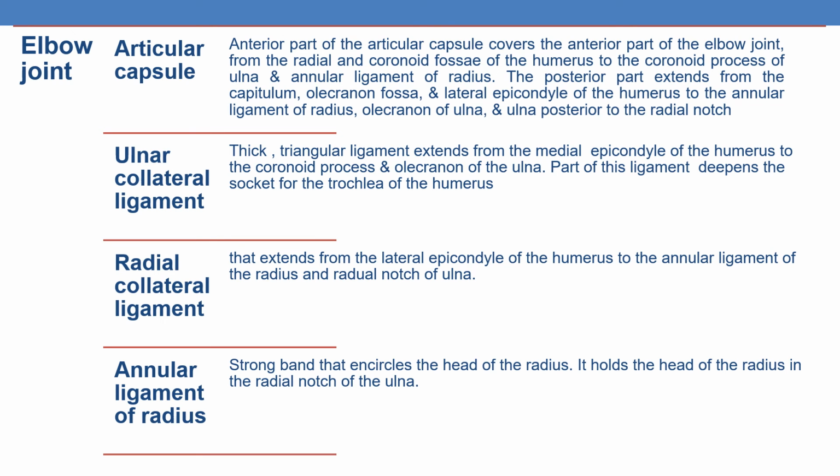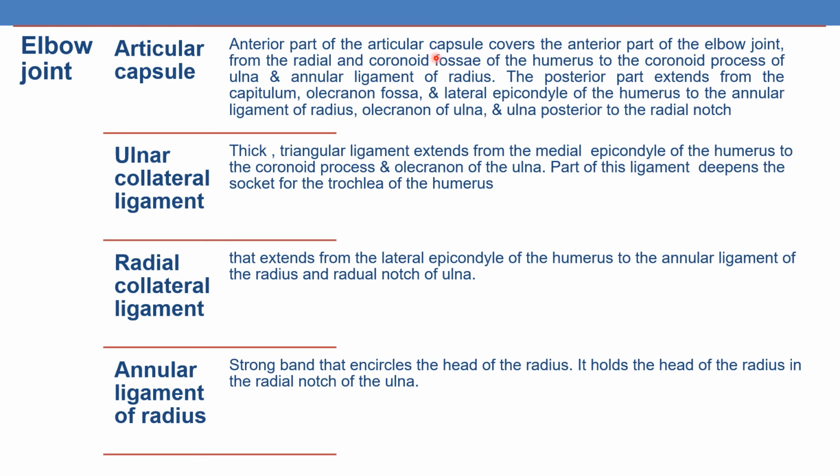Now coming to the various anatomical components of elbow joint. Elbow joint is composed of articular capsule, ulnar collateral ligament, radial collateral ligament and annular ligament of radius. First one is articular capsule.